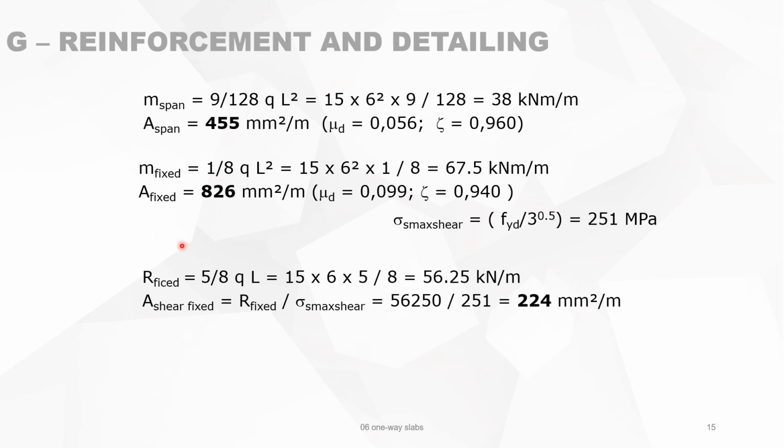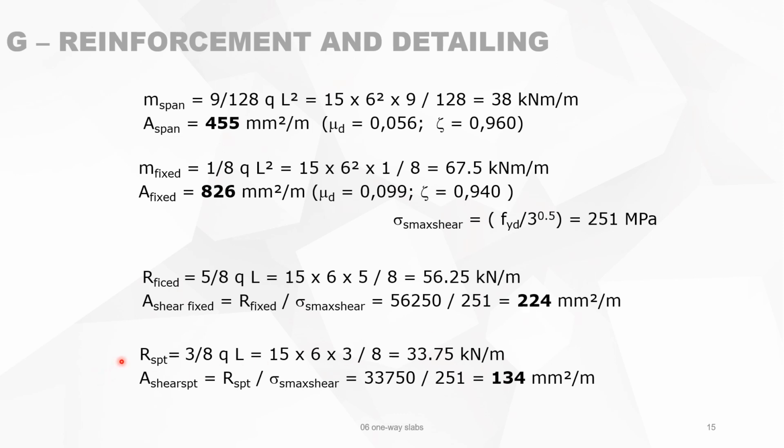Now the reinforcement that we need at the fixed end support: the total reaction force is 56 kilonewton per meter. And the reinforcement we need for that is the reaction divided by the maximum allowable shear stress, and it gives us 224 square millimeters per meter.